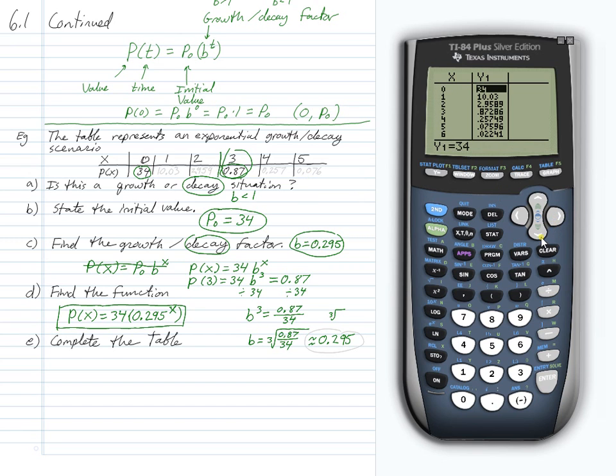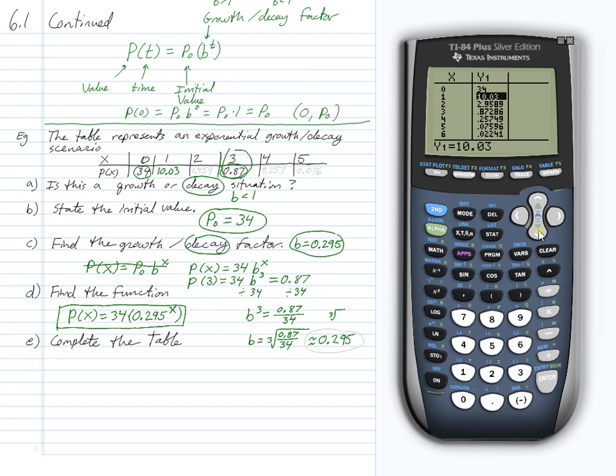So for x equals 0, y equals 34, check. For x equals 1, we get 10.03. Now, if we want 3 decimal places of accuracy, we might want to scroll over and see if that's as accurate as it gets, and 10.03 seems to be it.